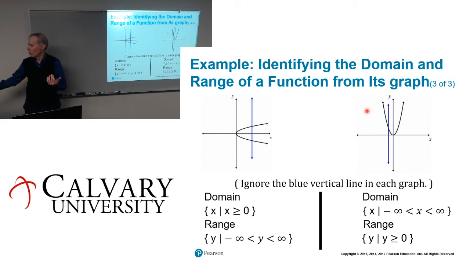And then for this one over here at the right, notice that the x values can keep getting infinitely smaller or infinitely larger. So that's why this is the domain. But the values of the range can only go from 0 and higher.